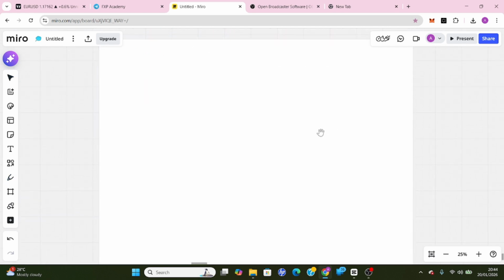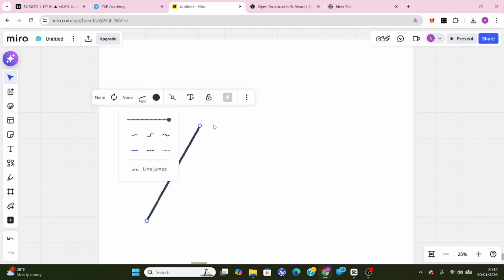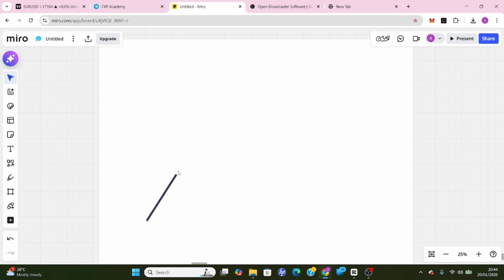So let me demonstrate this for you and show you where you can find the structure in the market, right? This is a line that we are going to use to demonstrate this. I'm going to use a bullish trend to demonstrate this scenario for you guys.